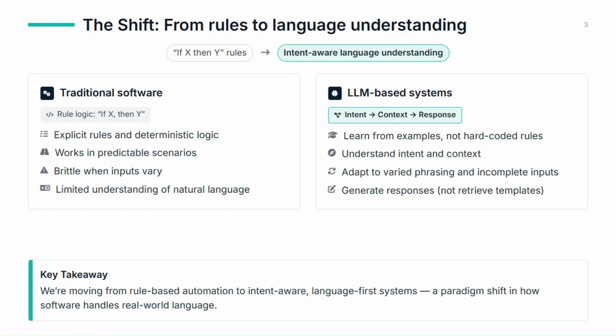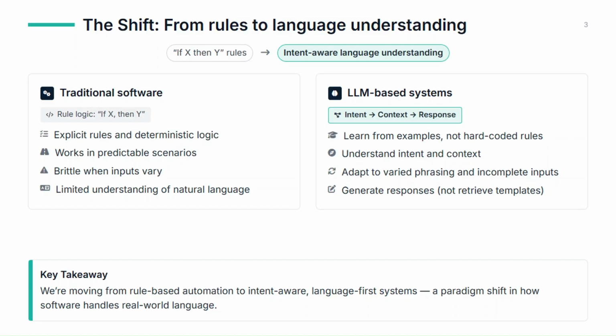For decades, software worked on rigid logic. Developers wrote explicit rules: if this happens, do that. This approach works only in predictable environments, and real business environments are never predictable. The moment language varies or information is incomplete, rule-based systems break.